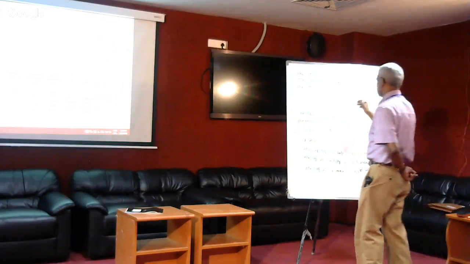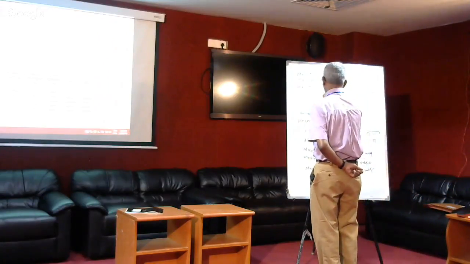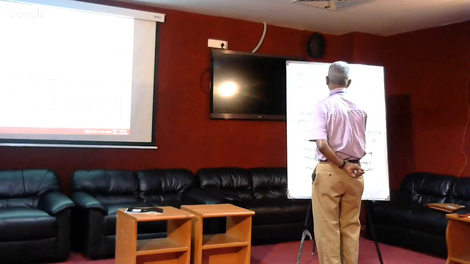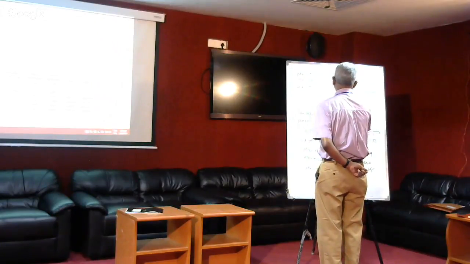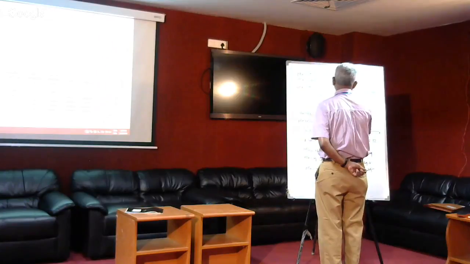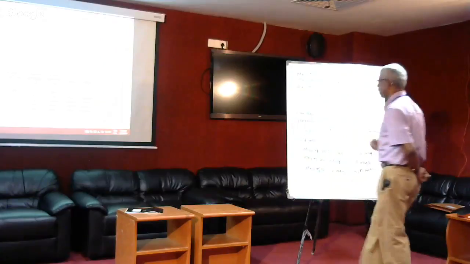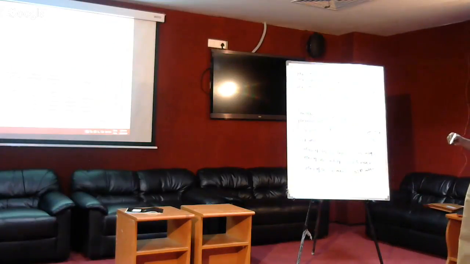So, if I try to find YSO4, YSO4 is 0.285 divided by 0.285 plus 0.64. How much is it? Zero point three zero eight, 0.30.